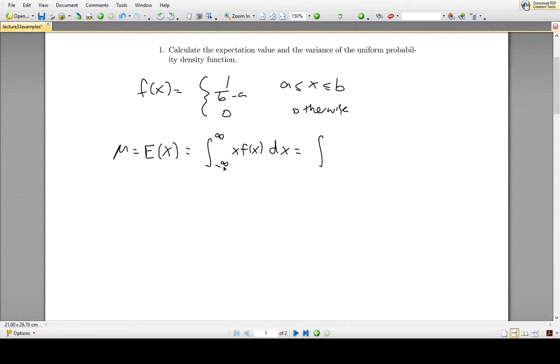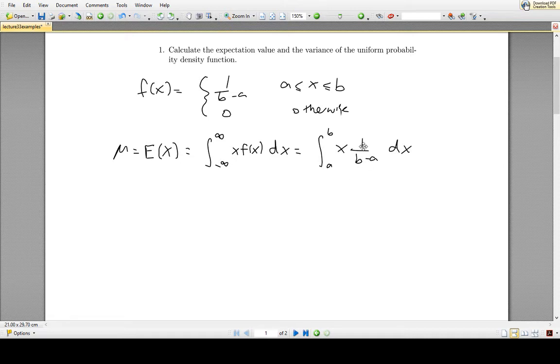Rather than integrate from negative infinity to infinity, we only have to integrate from a to b, because if x is outside of a to b, then f of x is just 0. Between a and b we have x, and our function there is just 1 over b minus a, so this is x times 1 over b minus a dx.